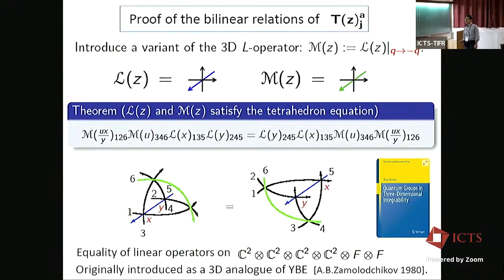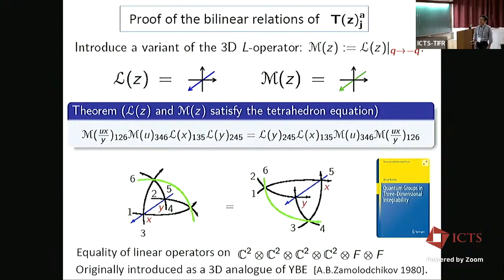The fifth component corresponds to the Fock space represented by the blue arrow here. And the last component is again the Fock space represented by the green arrow here.